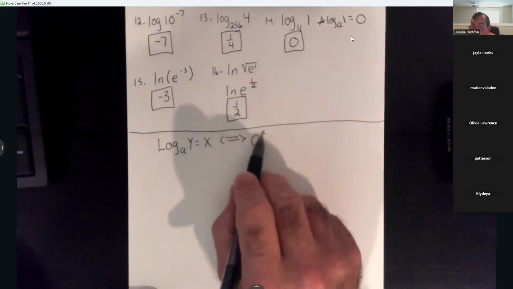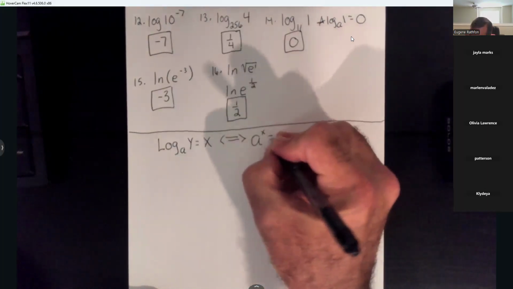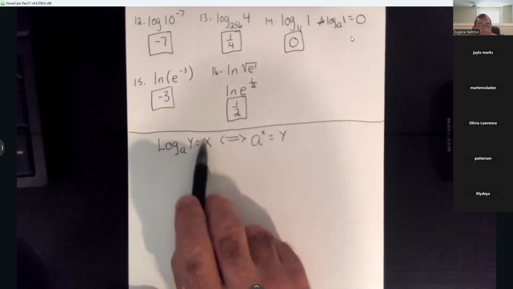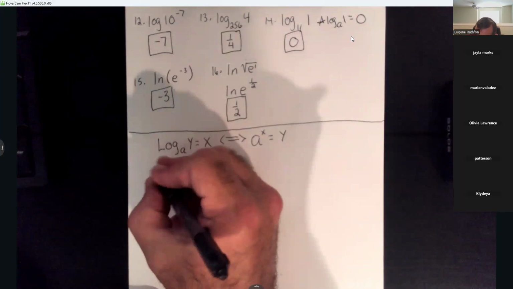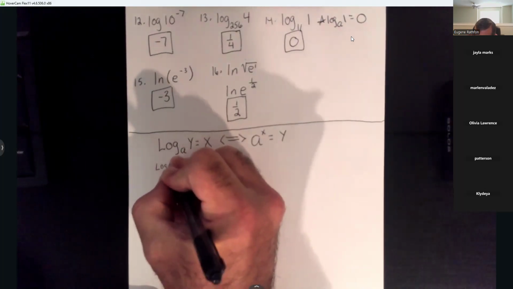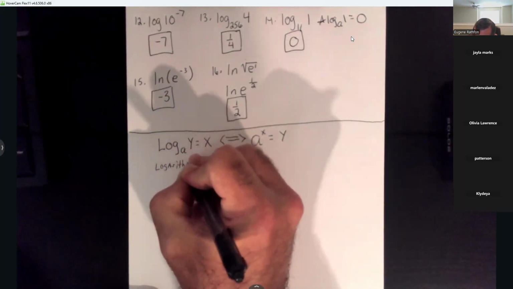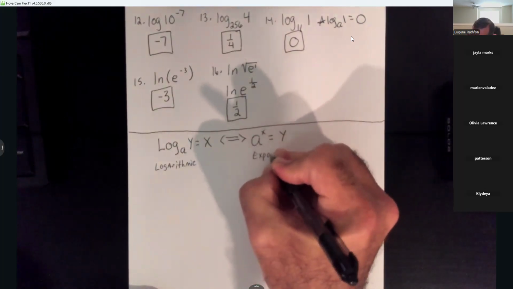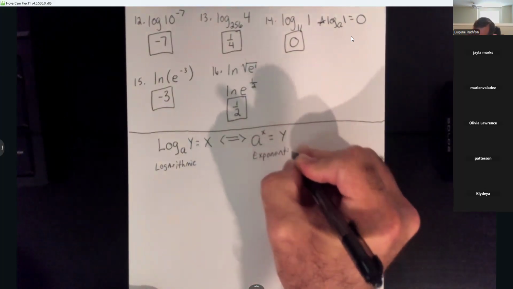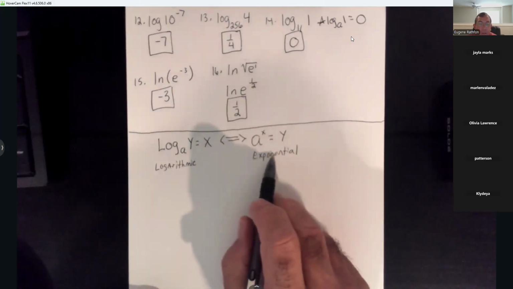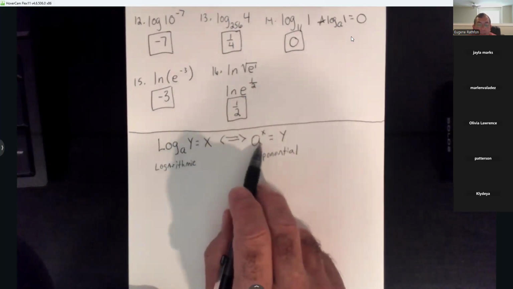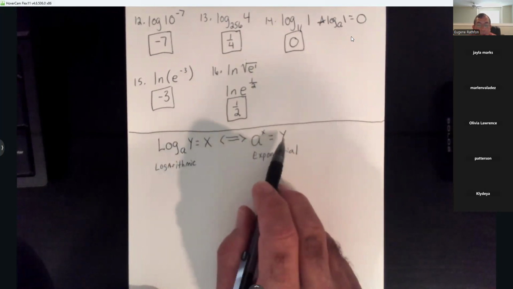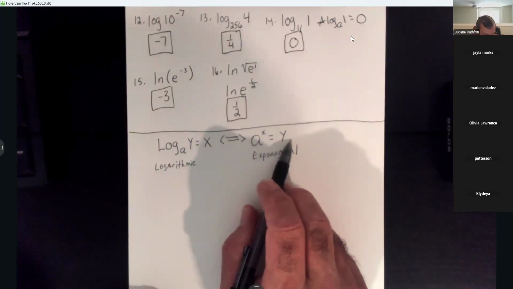Remember, x is the exponent, and that equals y. So this side is logarithmic, and this side is exponential. I use this conversion: a is my base, x is my exponent, y is my result.